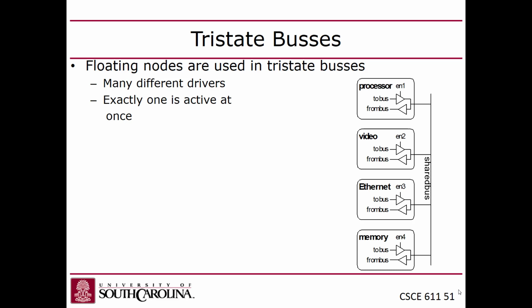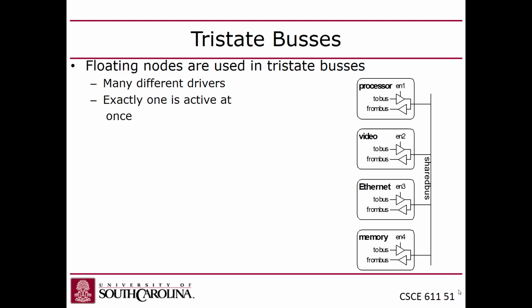So this is kind of a bad example because in modern chips, they wouldn't use a shared bus for this anymore. They would use a switched network on chip, a switched interconnect. But you still use these things for smaller scale systems.